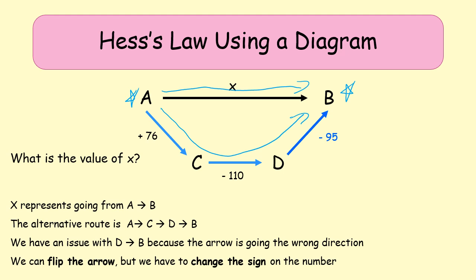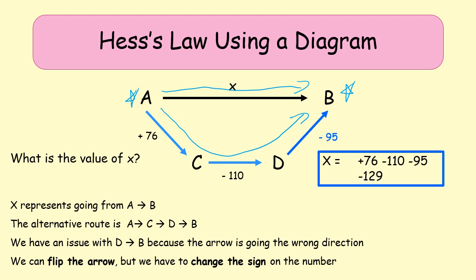So B going to D was plus 95. If we're going the opposite direction, but the same path, it's negative 95. And all we do is add all those numbers together. So 76 minus 110 minus 95 gets us minus 129.